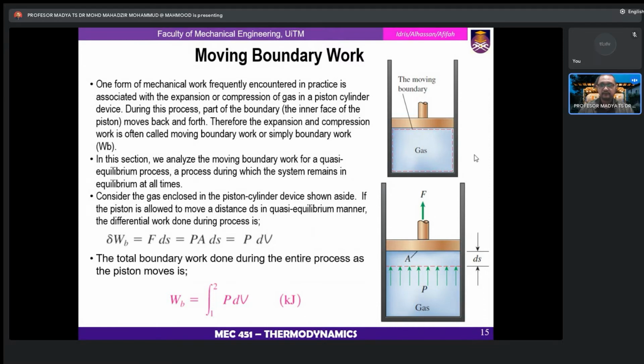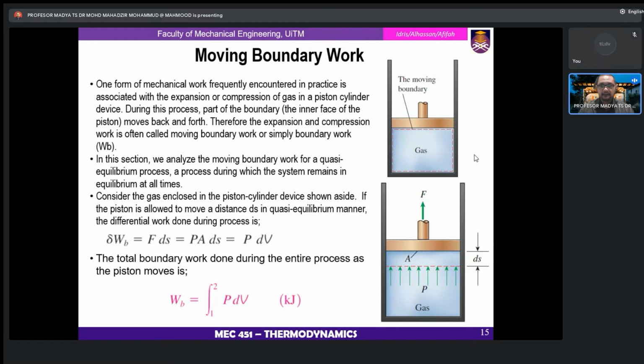Part of the boundary, that means the interface of the piston, moves back and forth. Therefore, the expansion and compression work is often called moving boundary work, or simply boundary work. The capital W is the symbol that we use to calculate this work.